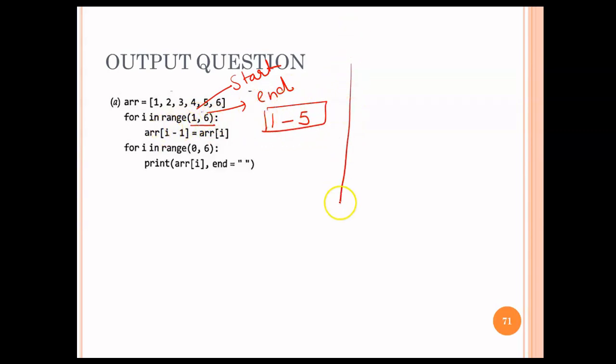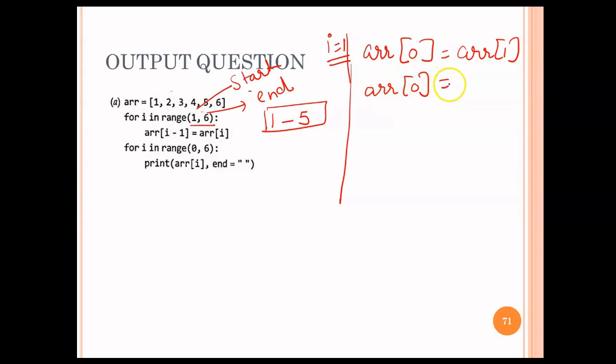Now you can check all the elements one by one. We have arr[i-1] = arr[i]. The first value of i is 1. So i is equal to 1, arr[1-1] is arr[0], so arr[0] is equal to arr[1]. Now arr[1] is, counting 0, 1, 2, 3, 4, 5, the element at position 1 is 2.